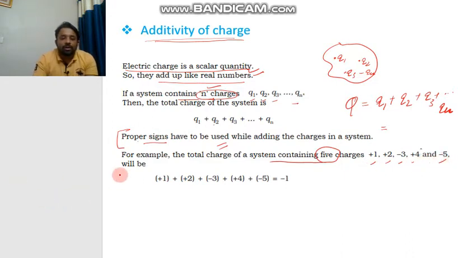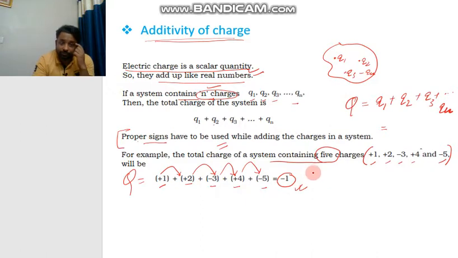When we calculate the total charge on the system, it will be the sum of all these charges, keeping the sign in mind. That is, plus 1, plus 2, minus 3, plus 4 and minus 5. So plus 1 plus 2 is plus 3, minus 3 is 0, 0 plus 4 is 4, and 4 minus 5 is minus 1. So the total charge is minus 1.